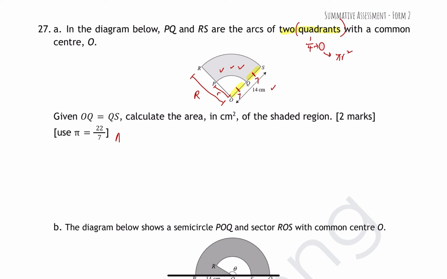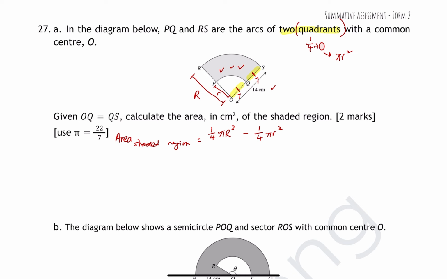For the area of your shaded region, you can just use 1/4 pi R squared minus 1/4 pi r squared, right? Or you can use pi R squared minus pi r squared, then multiply by 1/4, right? You should be able to get the same answer as well.